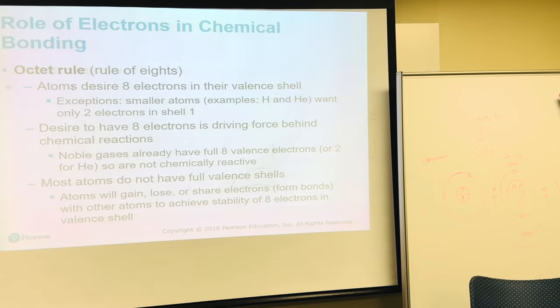If they have one electron shell, how many electrons can they hold? Two, right? So what does that mean? If they have one shell, they want their one shell to be full.